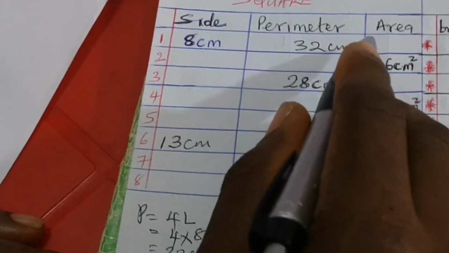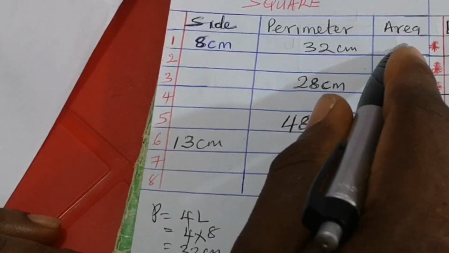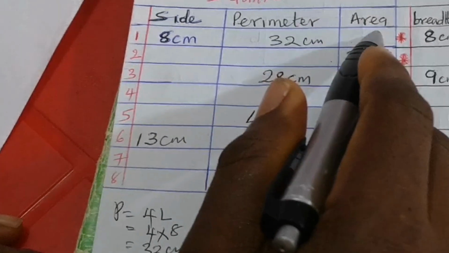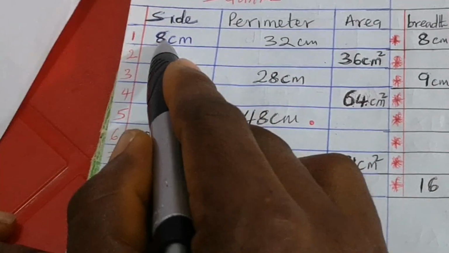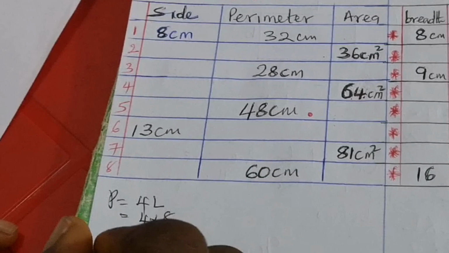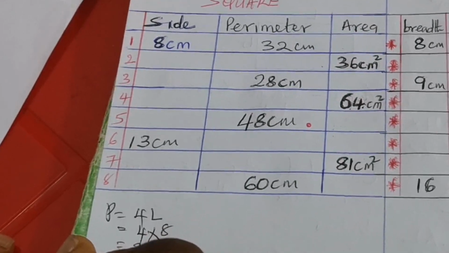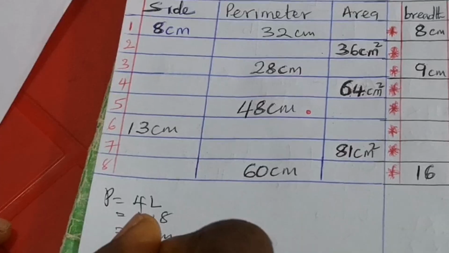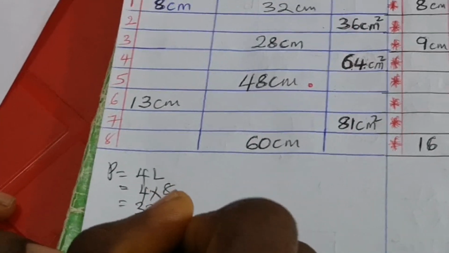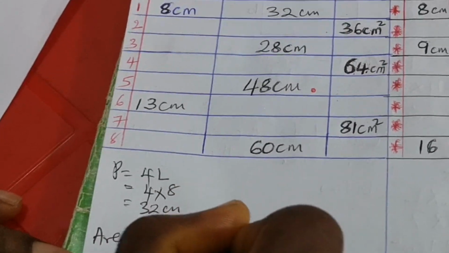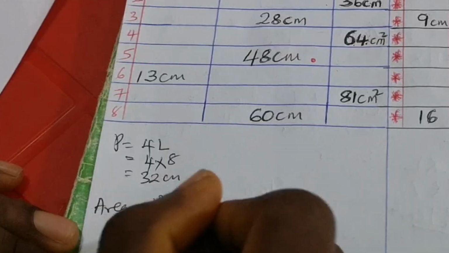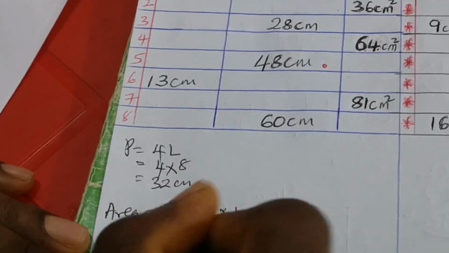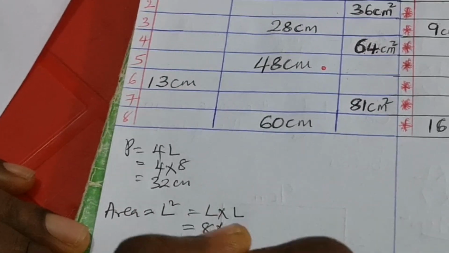Now what will the area be? The area of a square whose side is 8. Since the side is 8, the area is going to be L square, which is equal to L times L, which will now give you 8 times 8, which is equal to 64.